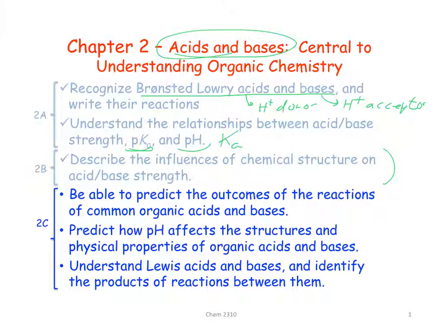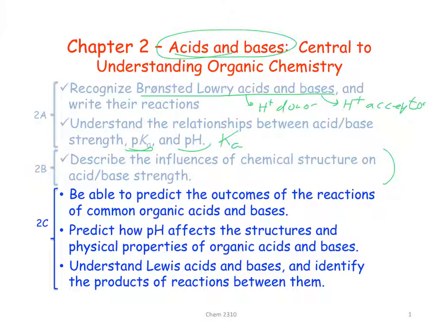So we talked about things like electronegativity, atom size, resonance, hybridization, inductive effect, and looked at a number of different trends identifying what properties help stabilize conjugate bases. So remember that an acid that has a stable conjugate base will be a strong acid. An acid that has an unstable conjugate base will be a weak acid.